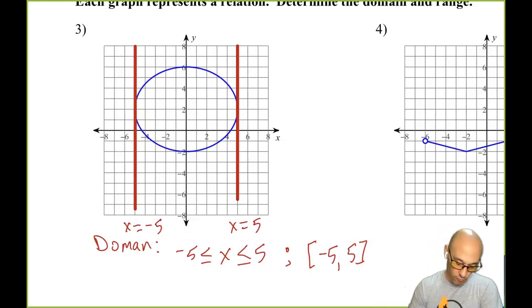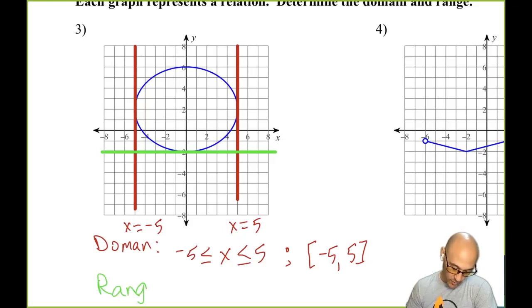If we look at the range now, the range is looking at the y values. The domain looks at the x values. The range looks at the y values. So for the range, the smallest y value that's possible is this point right here. And so, I might as well try to make it a nice straight line like I did before. So that's the range.